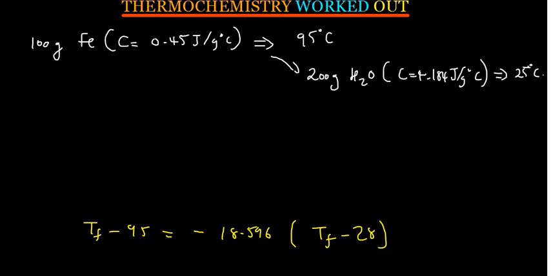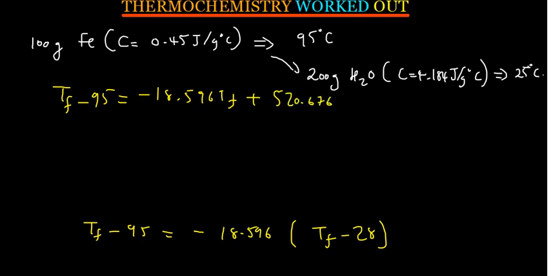I'll distribute the negative 18.596, so I'm going to have T final minus 95 being equal to the negative value multiplied by T final, that will be negative 18.596 T final. Then the negative by the negative 25, so that will be positive, and that is going to give us about 520.676.